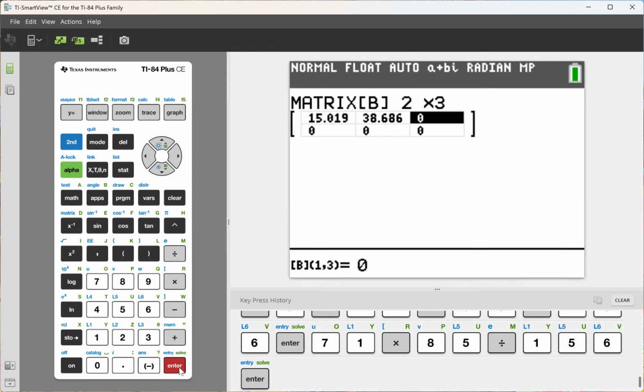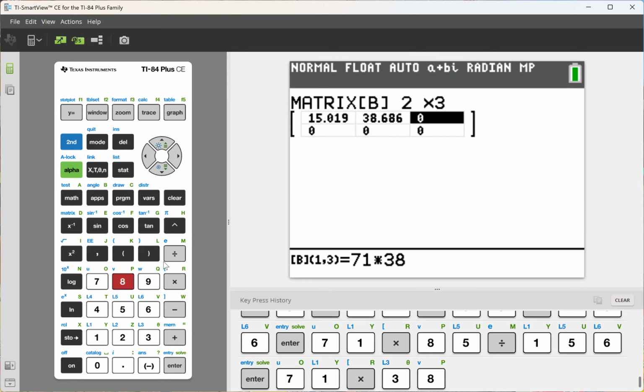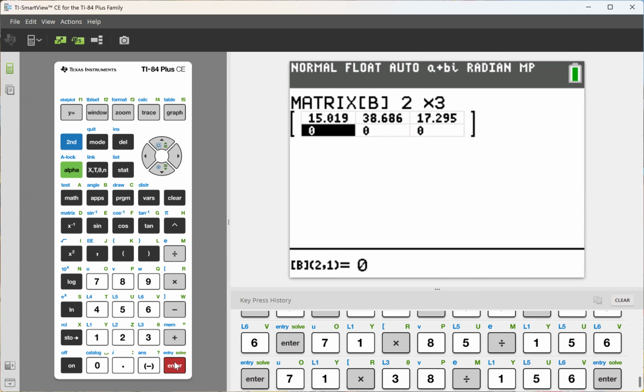And I get 38.686. Continuing, the row total for that first row was 71. The column total for that third column was 38, divided by the total, 156, and I get 17.295.